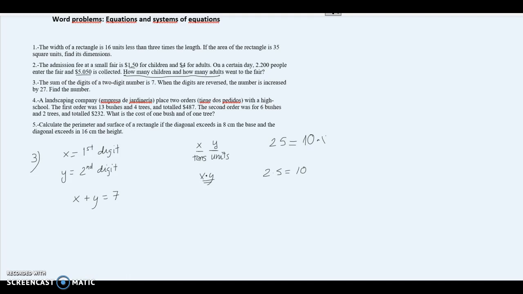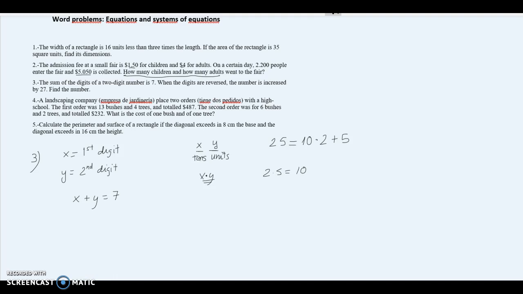In this case, it's 2. 2 is the tens, so we multiply by 10. So I'm going to write this more clearly. This is 10, the tens, by 2, and the units are alone, so plus 5. 10 times 2 plus 5 is 25.